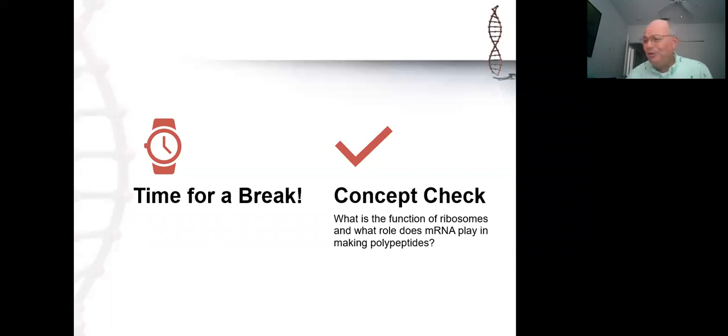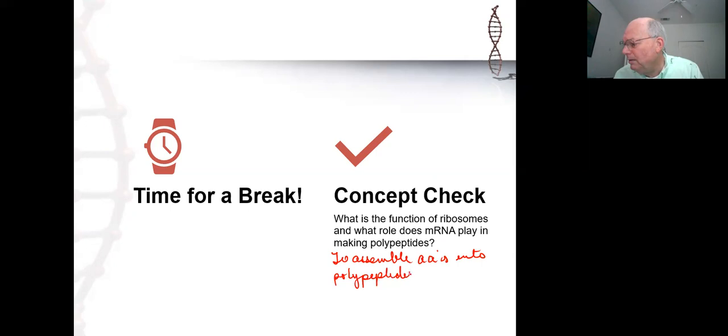So as we've just been talking about this, that should not be very difficult. What is the function of the ribosomes? To assemble amino acids into polypeptides. So that's the function of ribosomes.